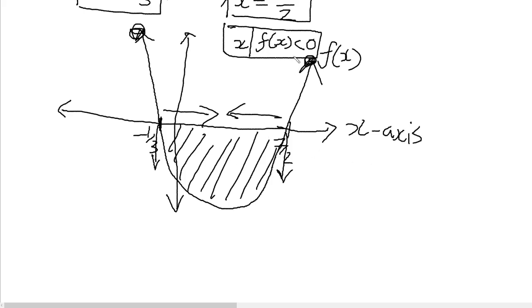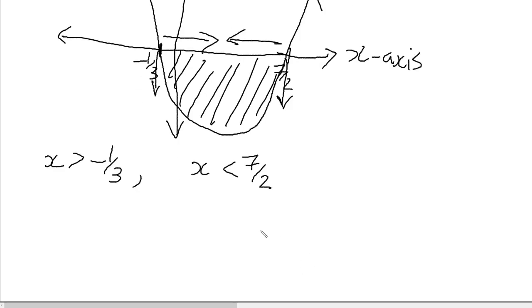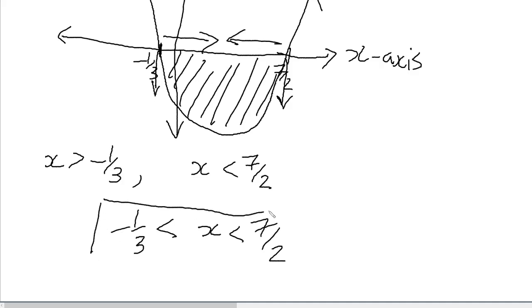So, firstly, because it's a strict less than, it's not a less than or equal to, x must be strictly greater than minus 1 over 3, and x must be strictly less than 7 over 2. Or, in other words, minus 1 over 3 is less than x, which is less than 7 over 2 strictly. And this would be our final answer.